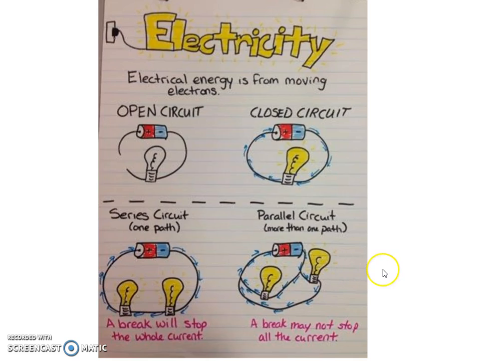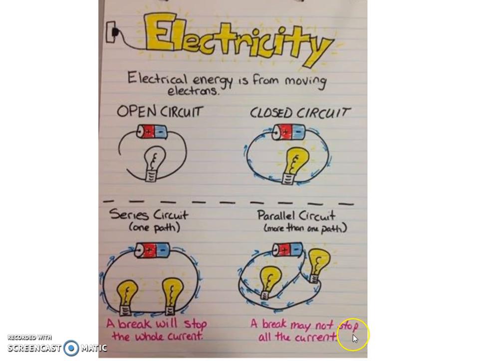Now, a parallel circuit has more than one path. So you can see the electrons are flowing in this direction to power that light bulb, and it's also flowing in this direction to power the others. So a break in the wire may not stop all of the electric current that is going through the wire.